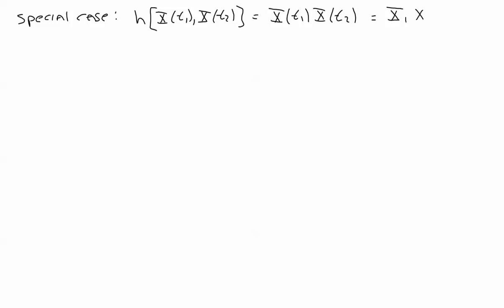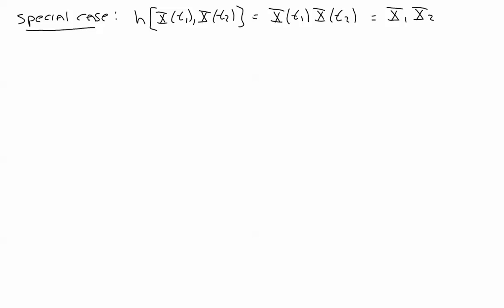My special case is going to be that H, my function of my random process evaluated at 2 instances in time, is just going to be the product. Okay? All right.